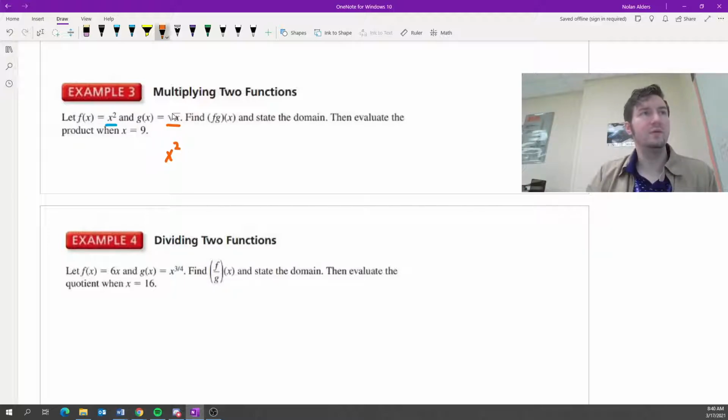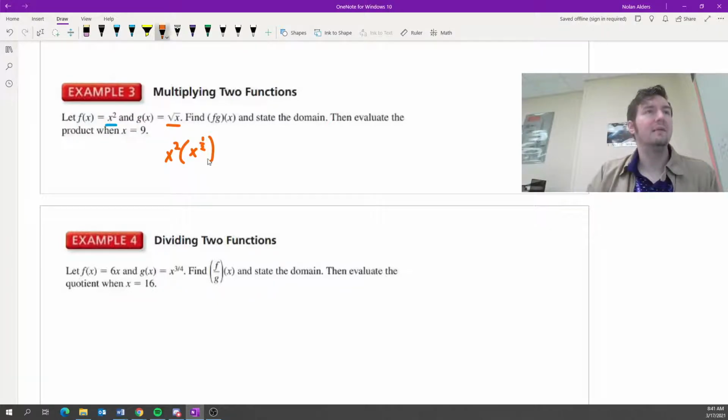And remember, when we have something written as a radical, we can write it in exponent form. So we have an imaginary 1 up here as an exponent because we don't have an exponent, and then an imaginary 2 for square roots. So we can write this as x to the 1/2. So we have x squared times x to the 1/2.